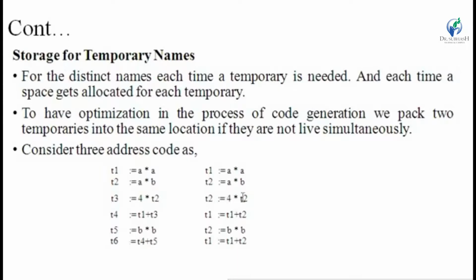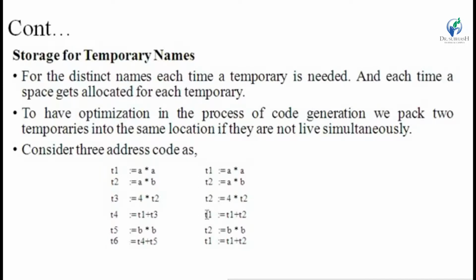So 4 into T2, here T2 is the multiplication of A and B, stored again in T2, because later on that value is never used. Then after T1 plus T3, here the value of T3 is stored in T2. So T1 plus T2 is stored again in variable T1.